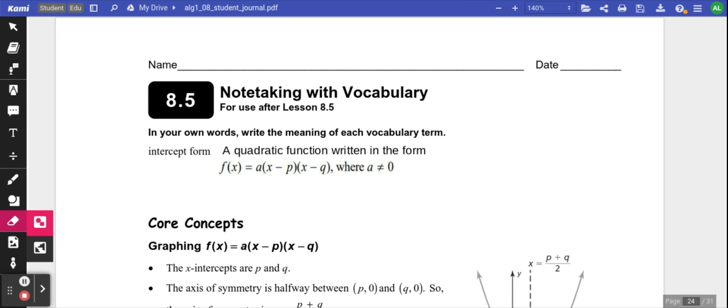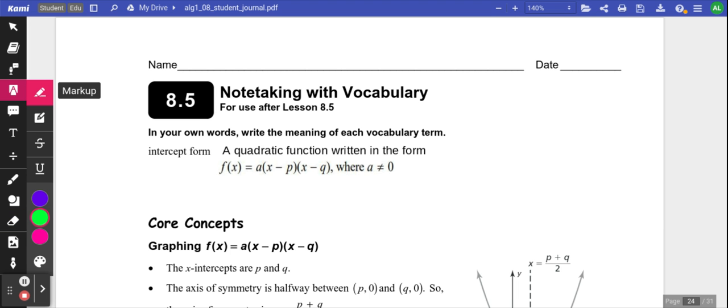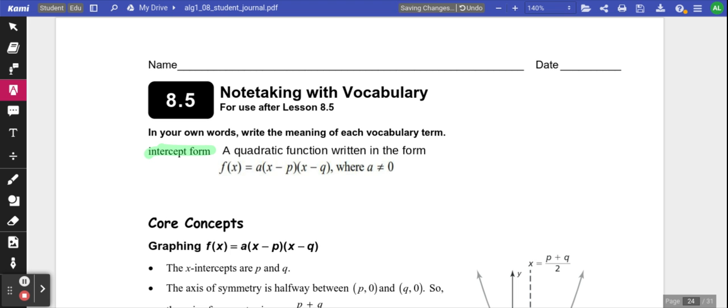Intercept form of a quadratic looks like this. It has maybe a number on the outside, some a value, and then x minus p and x minus q.